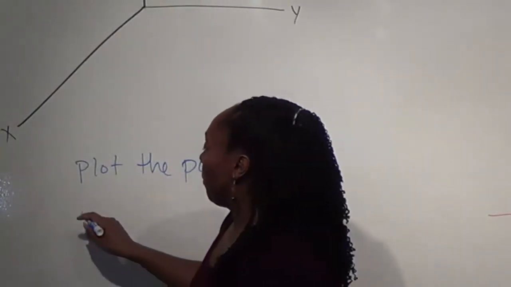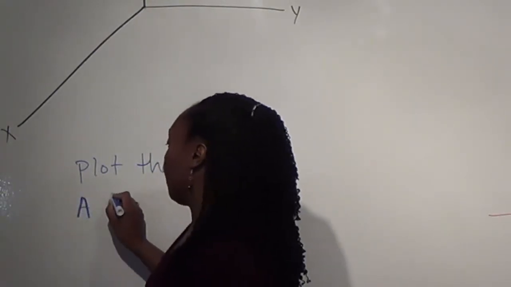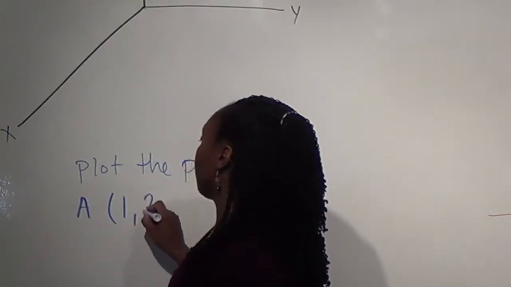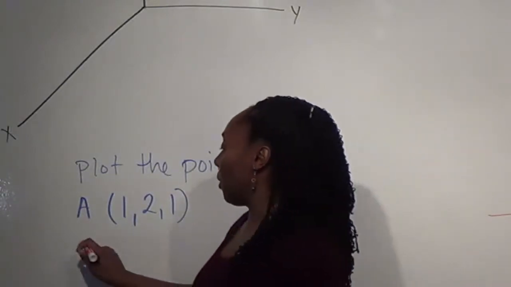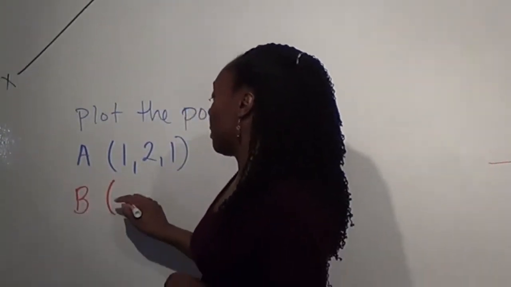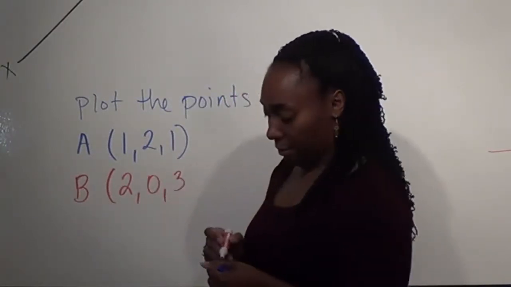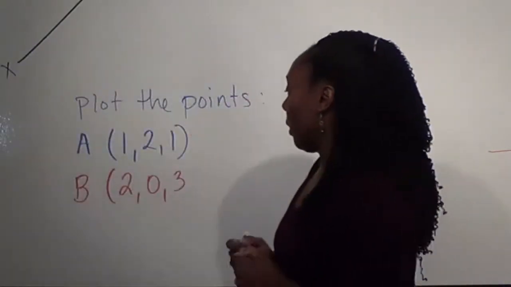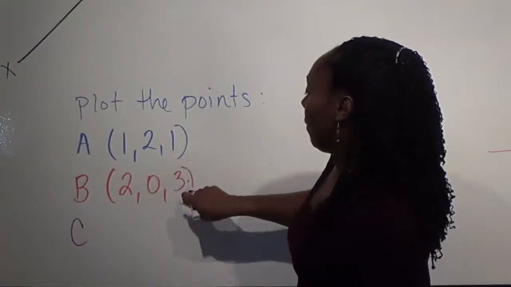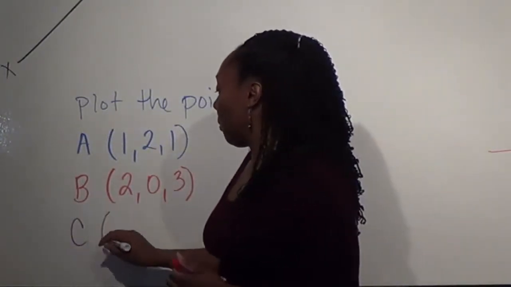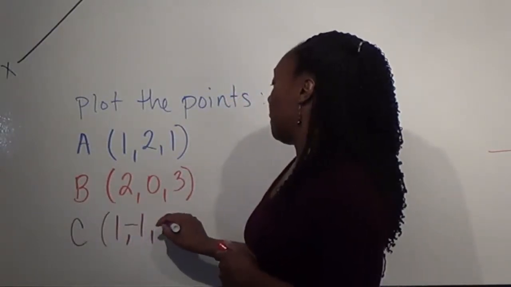We want to plot the point, which I'm going to call A, (1, 2, 1). And we want to plot the point B, which is (2, 0, 3). And we'll do one more. We'll plot the point C, (1, -1, 1).